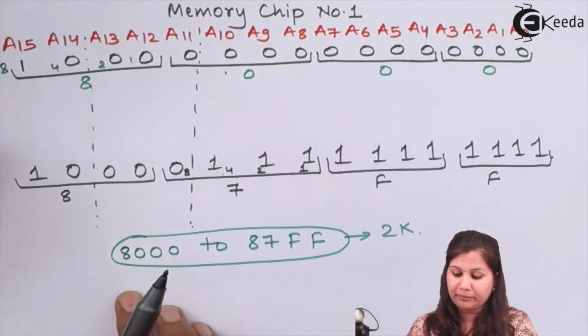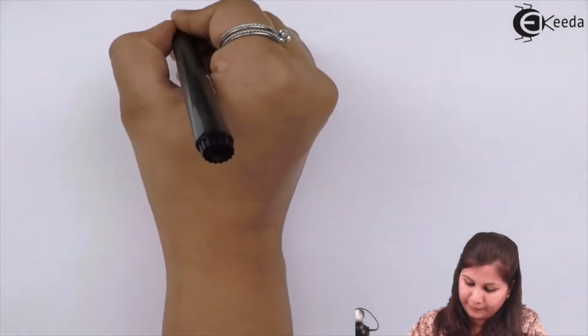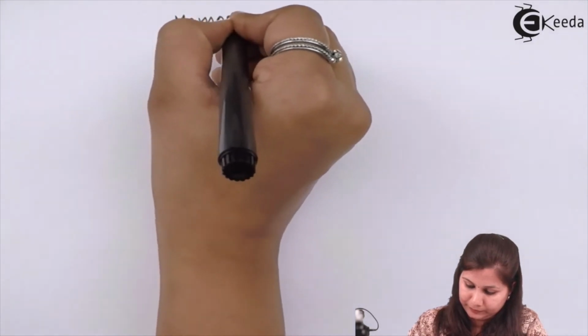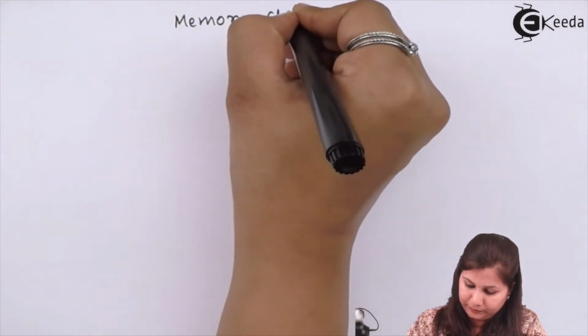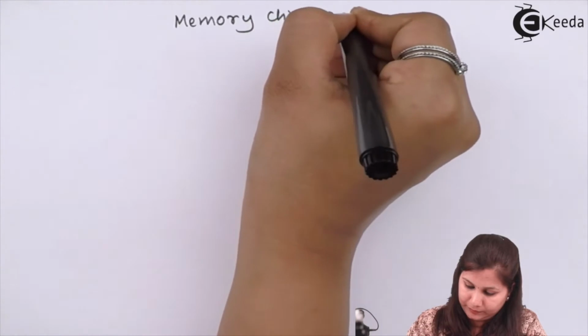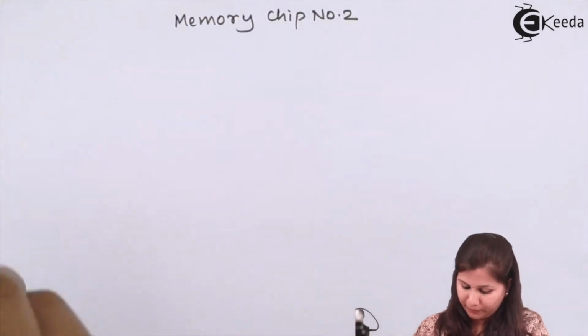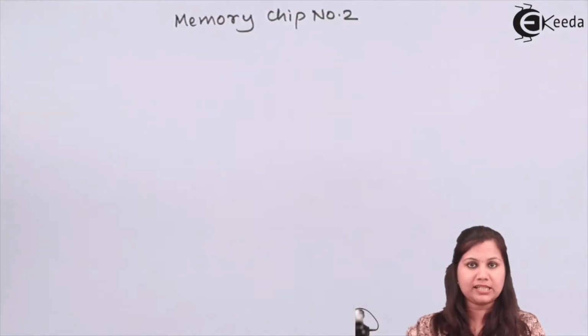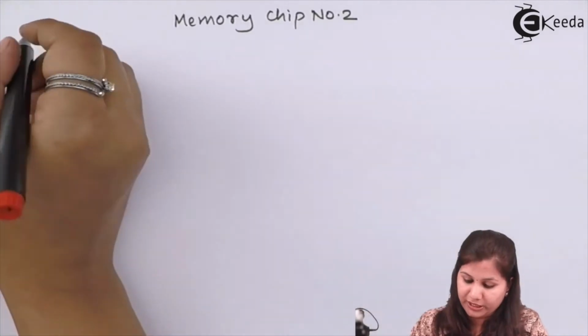Now coming to the memory chip number 2. For chip number 2, again we will have the 16 address lines of the microprocessor.